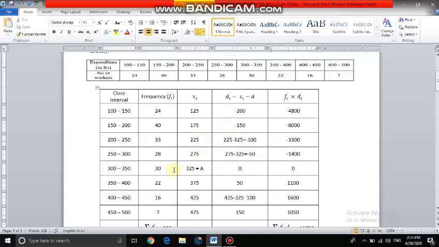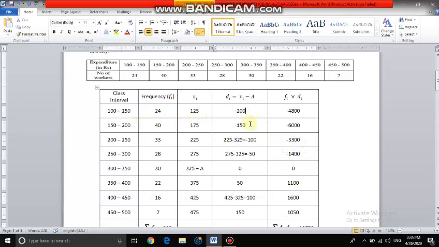And instead of subtracting Xi minus A each time, you can follow this diagram. I know the class size of this interval is 50: 150 minus 100 is 50, 200 minus 150 is 50, the class size is 50. So here each time the value increases by 50.